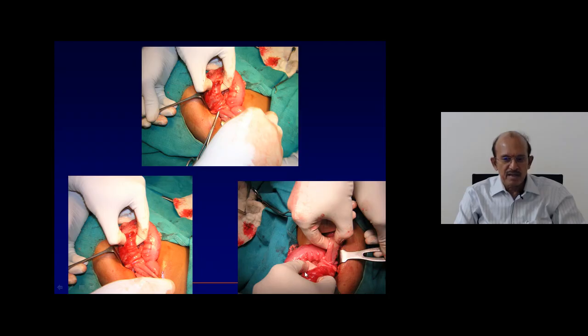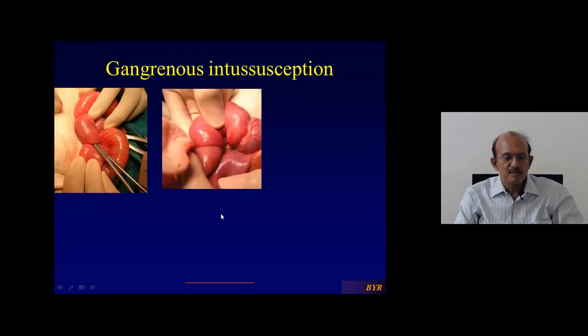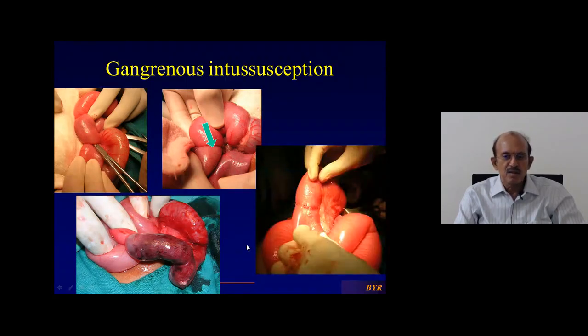The mass is being kneaded out. So you have to knead it down like this. When you push it out, you can see this part has become gangrenous. So the inner tube is gangrenous. That's why you have to resect it and do the end-to-end anastomosis.